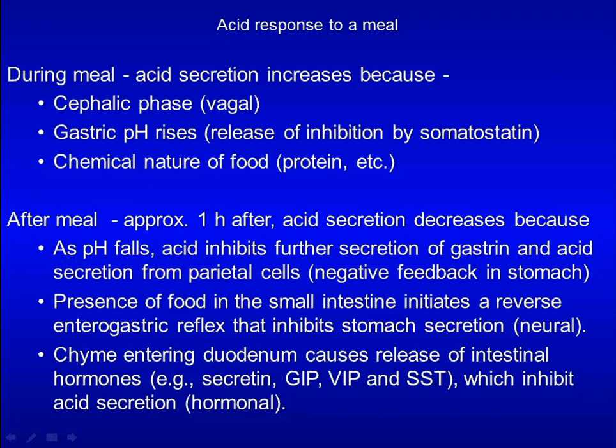Second, presence of food in the small intestine initiates a reverse enterogastric reflex that inhibits stomach secretion. Third, presence of acid, fats, and peptides causes release of several intestinal hormones, including secretin, GIP, VIP, and somatostatin, which inhibit gastric secretion as well as gastric emptying.